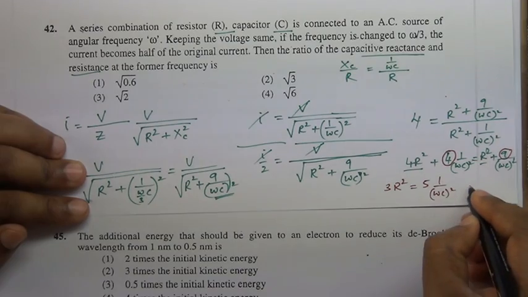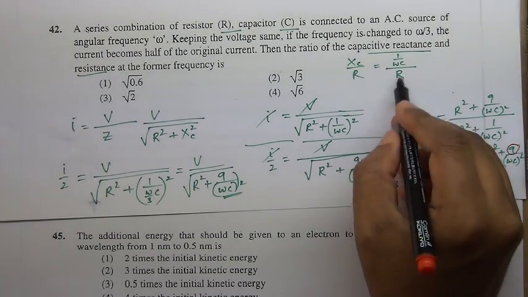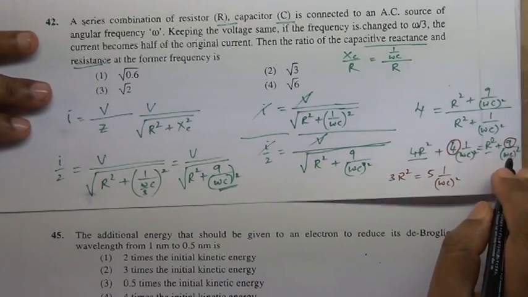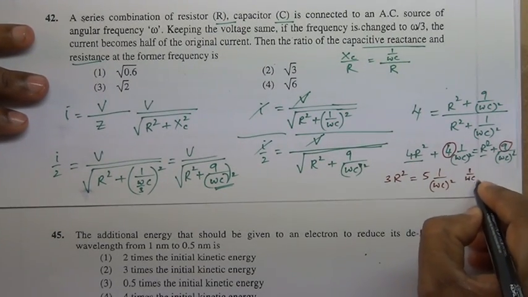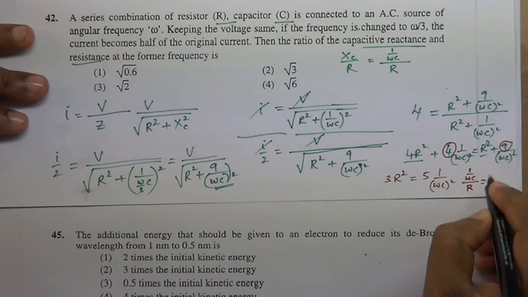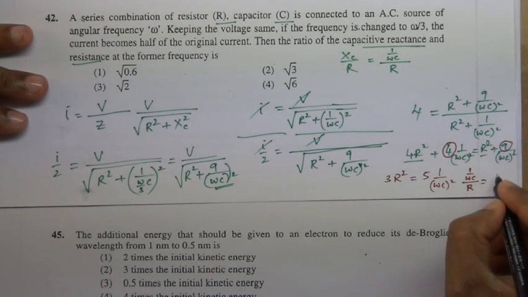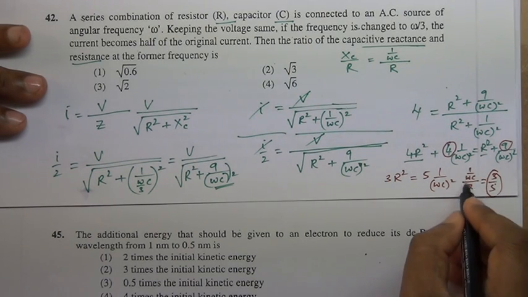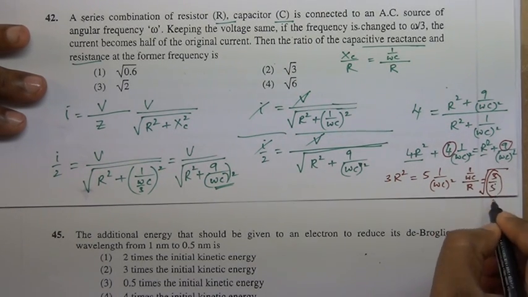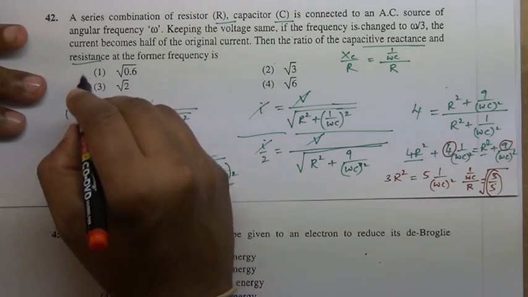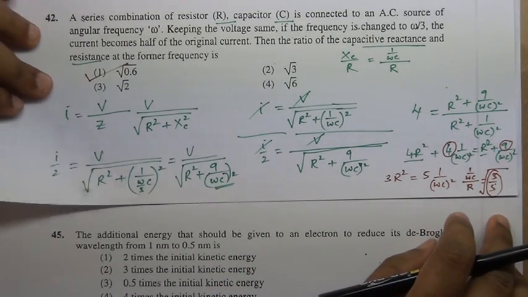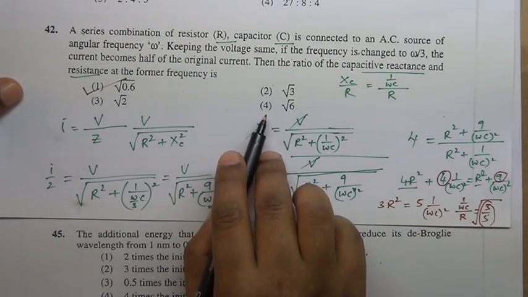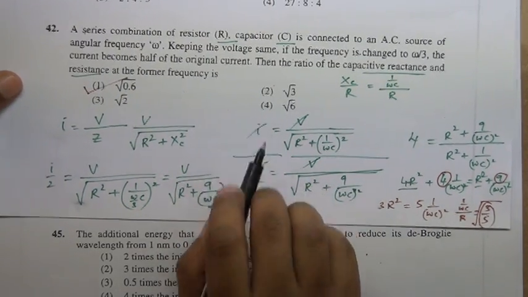Now we want 1 by omega C R, so let us take the square root. We get (1 by omega C) square by R square equal to 3 by 5, which is 0.6, then we take the square root of 0.6. Of course, this is taking slightly more than 1 minute.